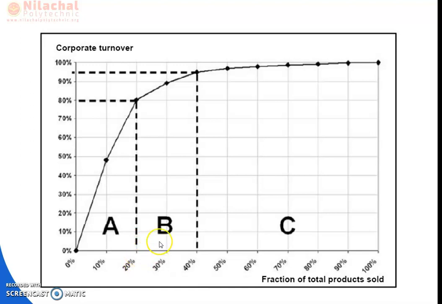For B item, it is 20%, the rest is 10 to 30% of total inventory cost. And C item is the next 10% of total inventory, but it is 70% of the items found from the market. In this way, we get the ABC analysis, A, B and C items according to their value and their number.